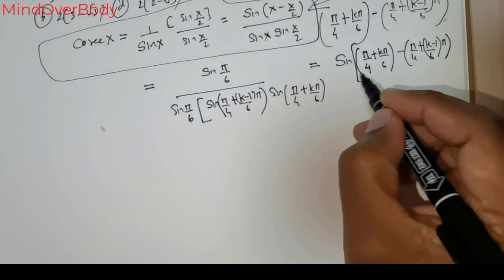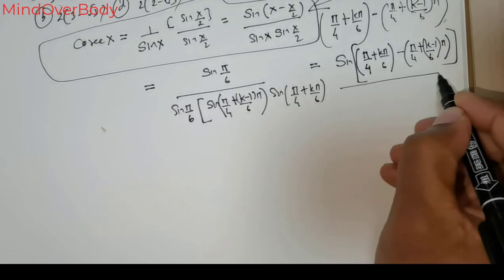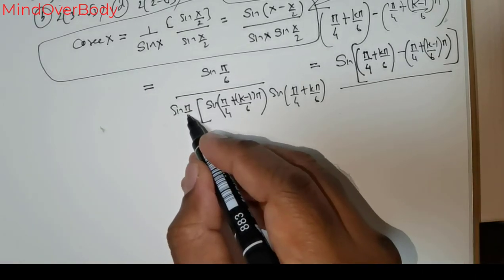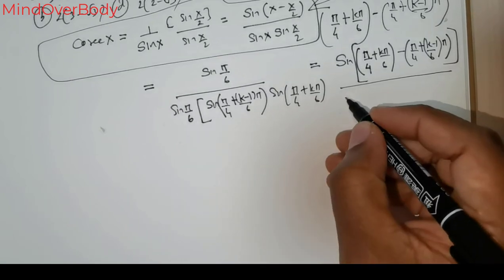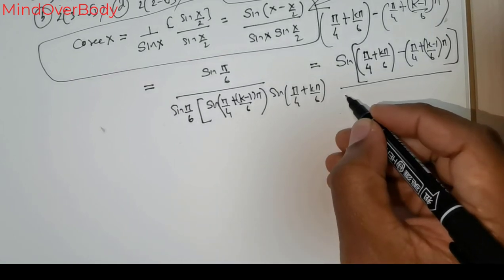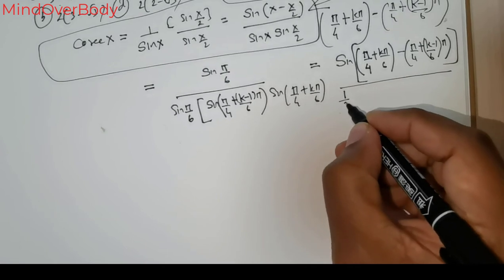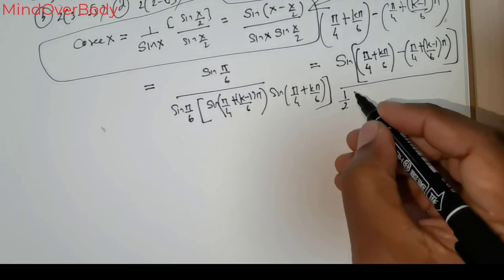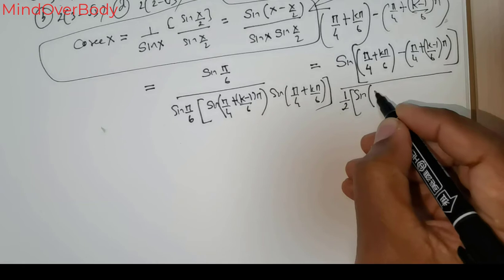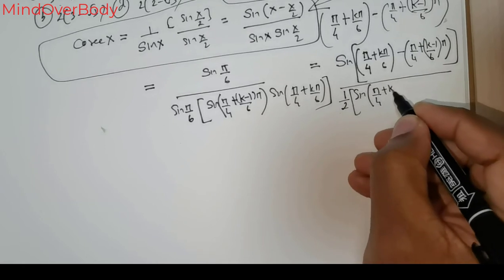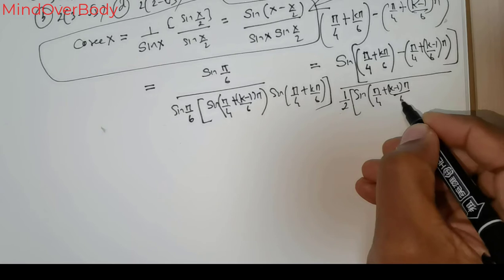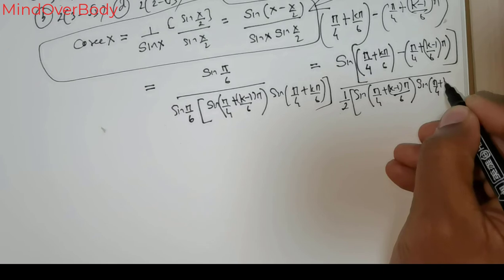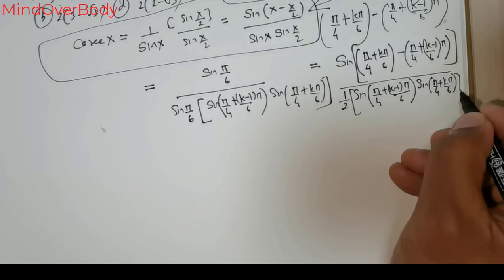This is divided by sine pi over 6, which is sine 30. Sine 30 is 1 over 2, so I place 1 over 2 there, times this quantity, sine of pi over 4 plus k minus 1 times pi over 6 times sine of pi over 4 plus k pi over 6. So this is what I've got.